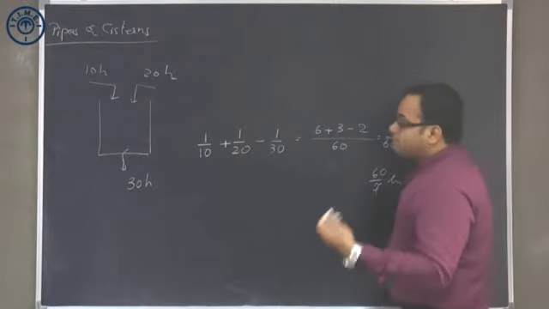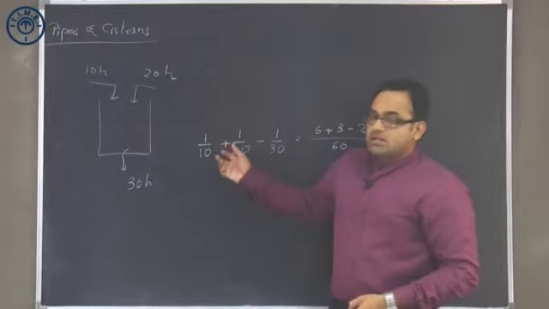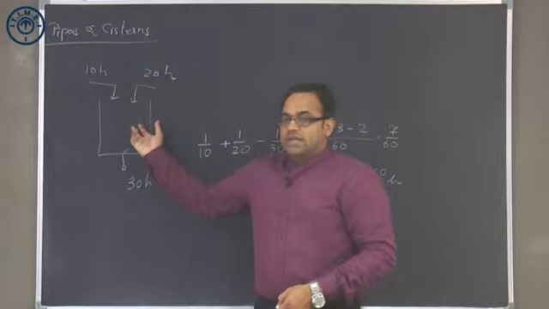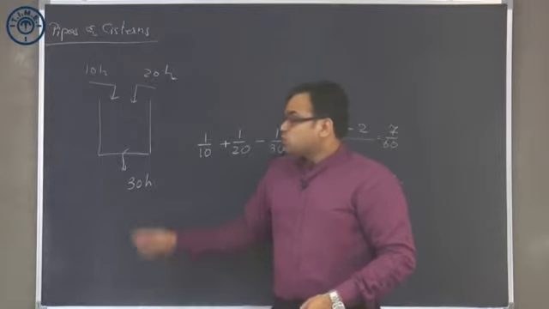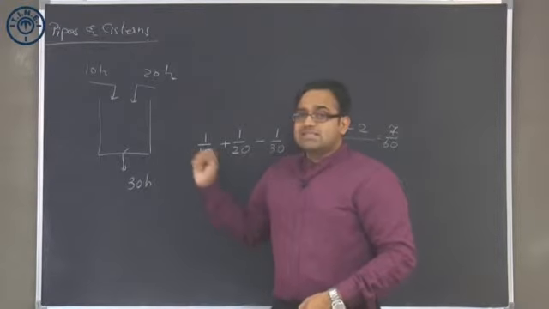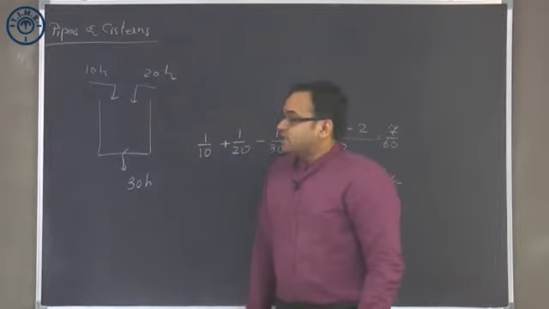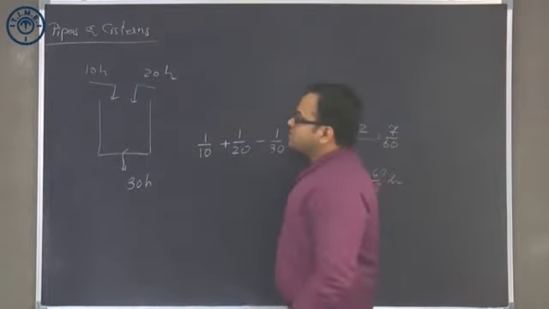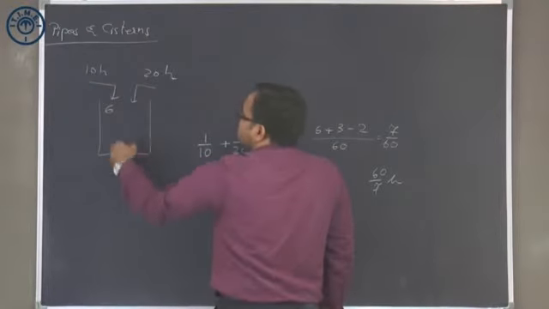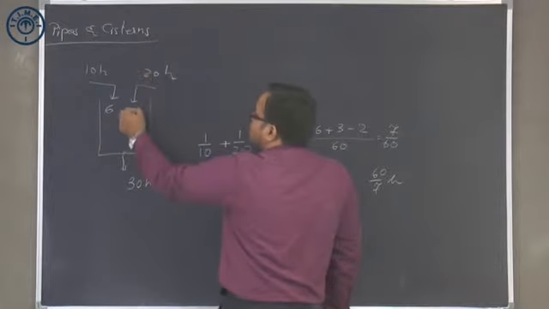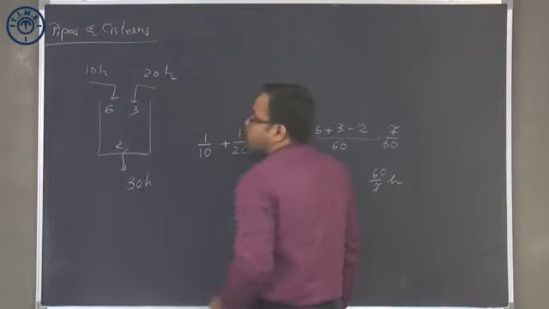This question would be better answered if we use the LCM method. Using the LCM method, let us say the capacity of the tank is the LCM of 10, 20 and 30, which is 60. So 60 liters, let's say, is the capacity of the tank. The first one is filling at the rate of 60 upon 10, 6 units per hour. 60 upon 20, 3 units per hour. 60 upon 30, 2 units per hour is going out.